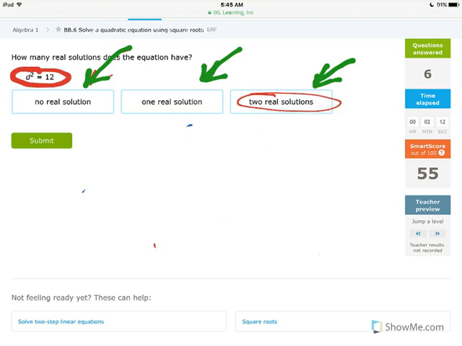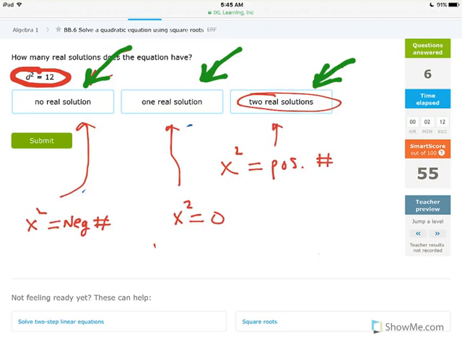So if you square root a positive number, so here's your quick little summary.